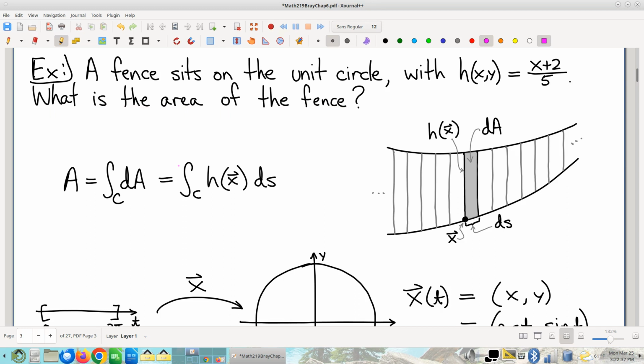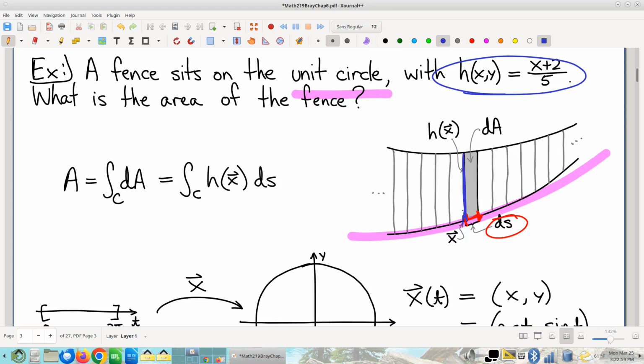The idea is that we take our entire unit circle, something like that. We break it up into little pieces, and on a piece of a certain short length, let's say some little short length ds, we know what the height is.